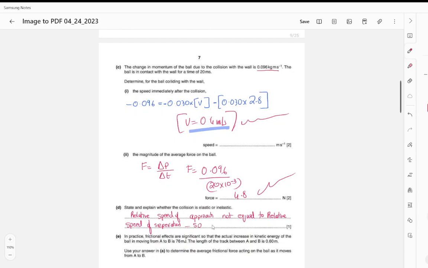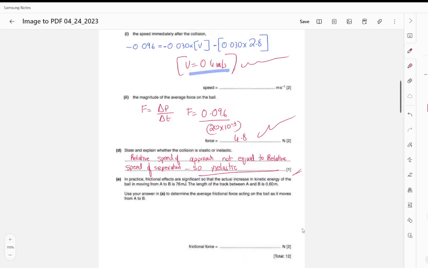So this is bound to be inelastic. We could have proven it using the kinetic energy before collision and kinetic energy after collision. We could have used that as well. But then again, I find that the law of restitution is much more powerful and much faster.